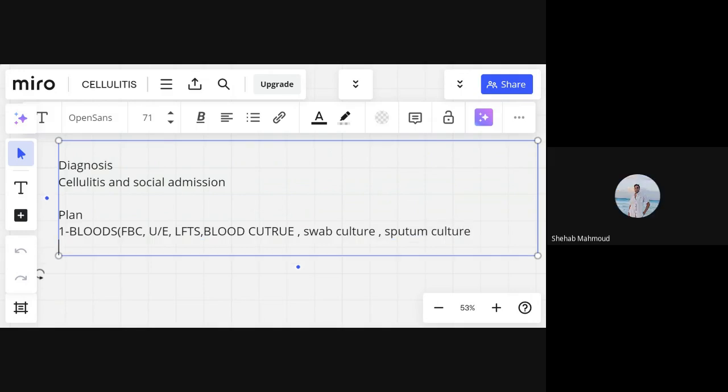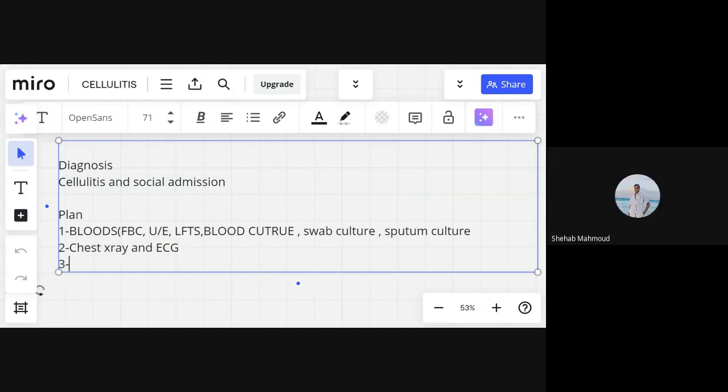And for every patient who comes to you, you will need to do a chest X-ray and ECG, please. You will also do a VBG for this lady, for the sepsis protocol, to find out the lactate. You will find it is less than 2, so there is no need to do anything.